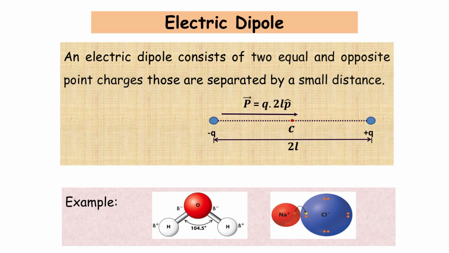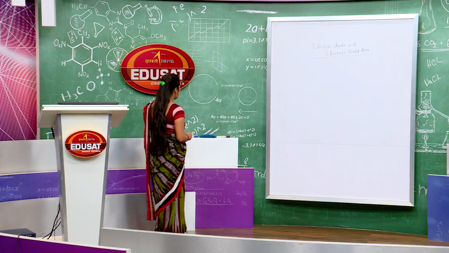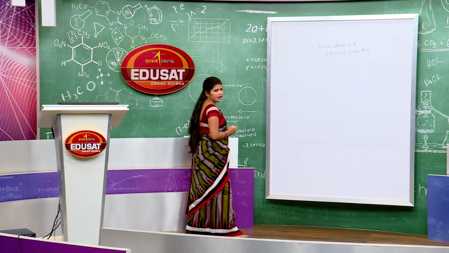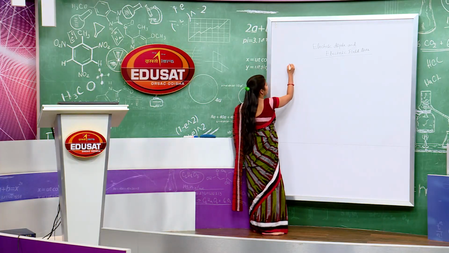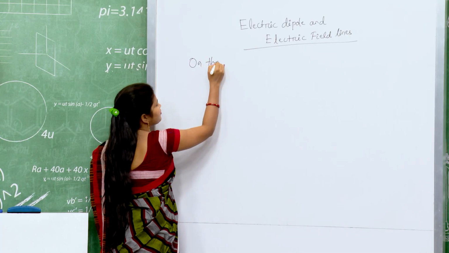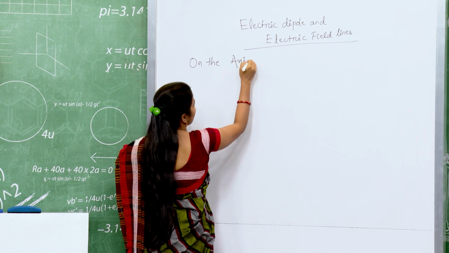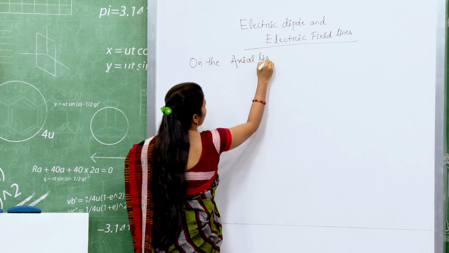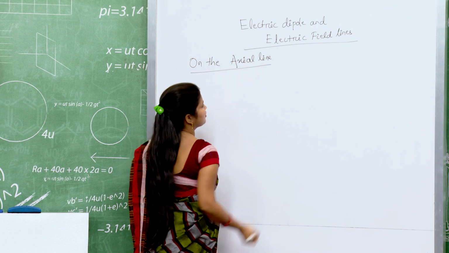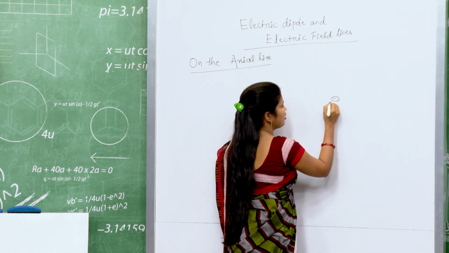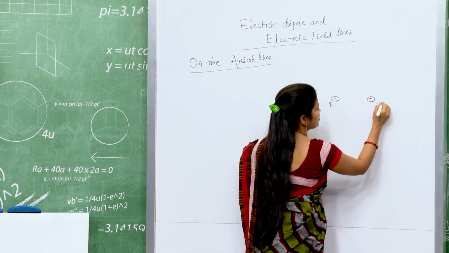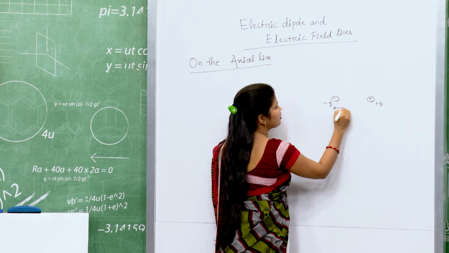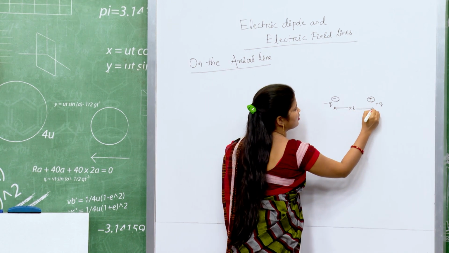Now, let us find electric field due to an electric dipole at a point on the axial line and equatorial line. So, first let us see on the axial line. Two point charges having same magnitude minus q and plus q separated by a distance 2L.